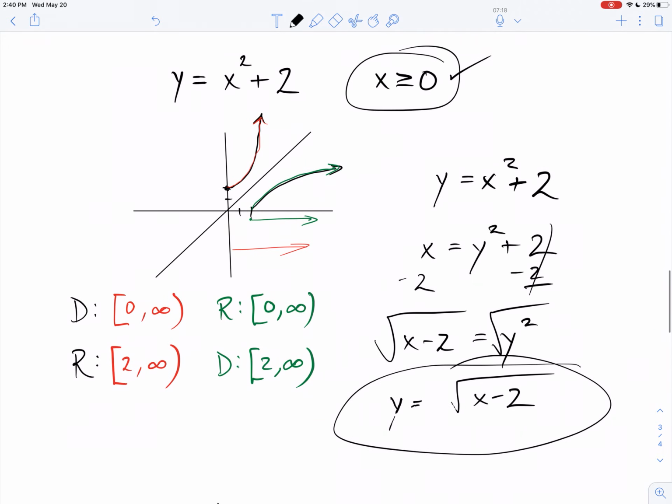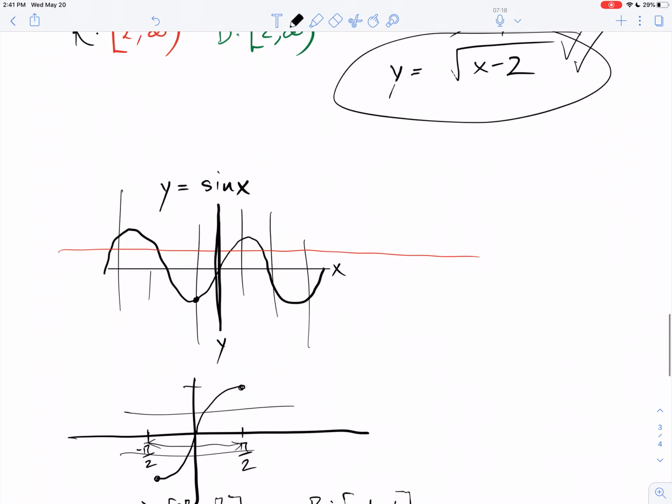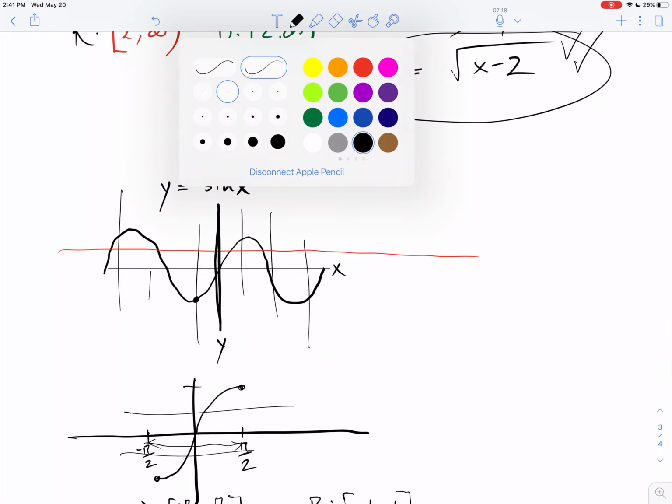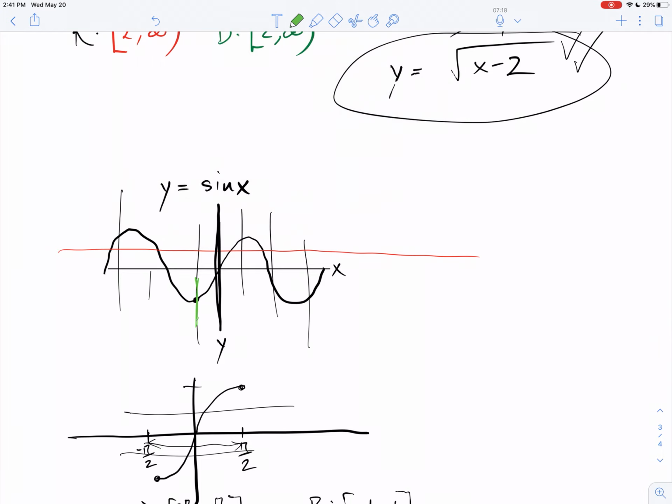Then, this was my motivation. Some functions do not have an inverse unless you restrict them. So you restrict their domain so that you can find an inverse for them. That's when we start thinking about a sine graph must be broken down where it passes the horizontal line test.